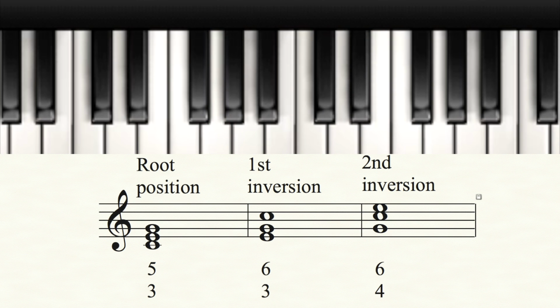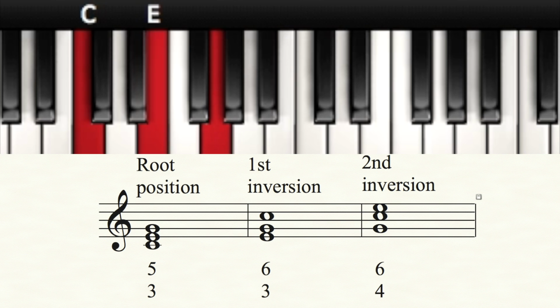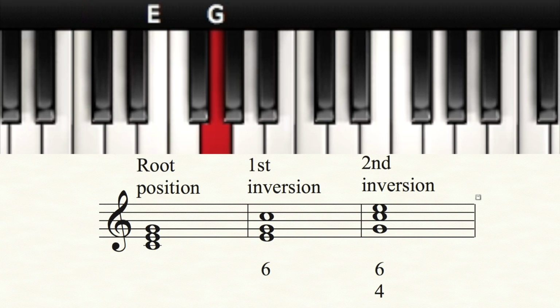Now, just to make this shorthand as efficient as possible, throughout the years we started to develop a set of abbreviations. For root position, because those chords happened so frequently, we left those figures off altogether. So if you saw a chord that doesn't have any extra inversion symbols on it, we assume that it's a root position triad.